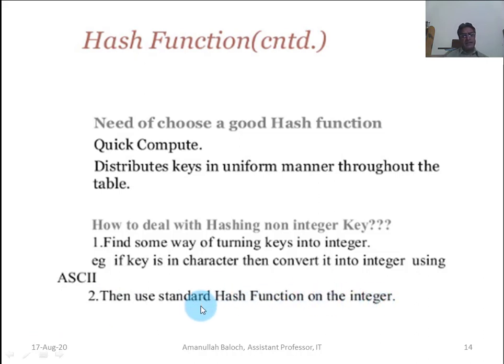The integer value which we have constructed from the string characters, by substituting the ASCII values, becomes an integer, and on that integer value, using standard hash functions, we construct the hash addresses.